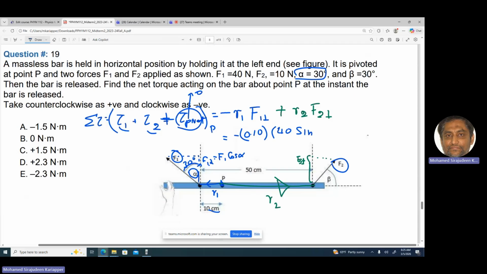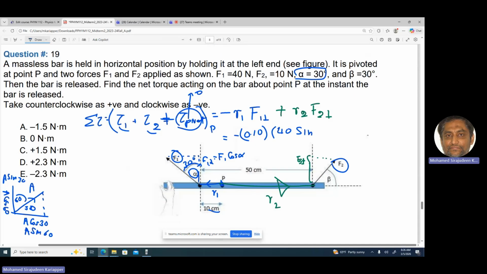It's like finding the x component and y component. If you have a vector A, and this is 30 degrees, this will be 60 degrees, right? So you can say the x component is A cosine 30 and the y component is A sine 30. At the same time, I can say the y component is A cosine 60 and the x component is A sine 60. They are all correct.